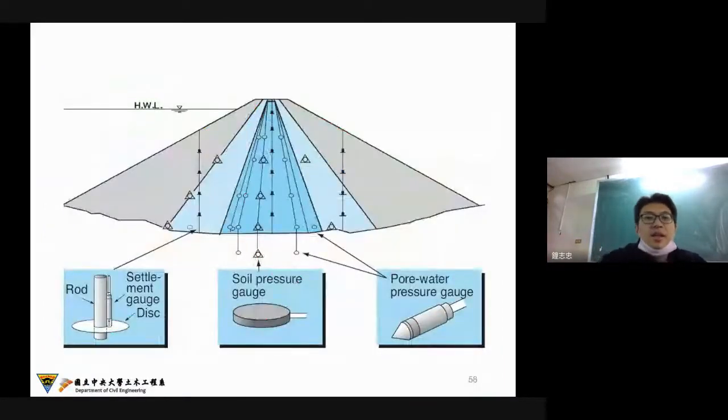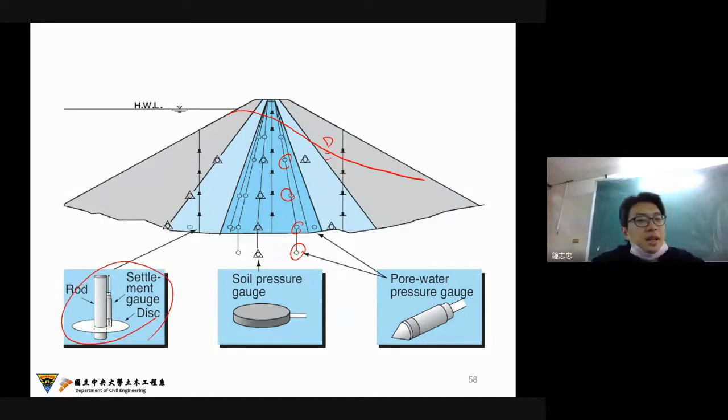So this is another choice for the sensor configuration. Here you can find the pore water pressure, and you can also use it for the level of the underground water. And this is for the settlement. You can measure the settlement at different depths.